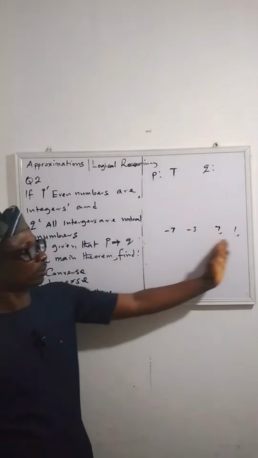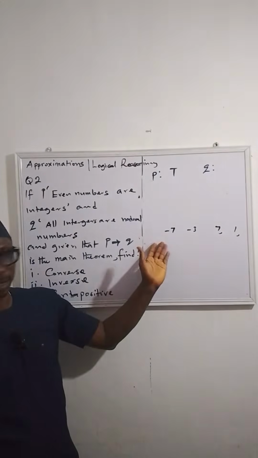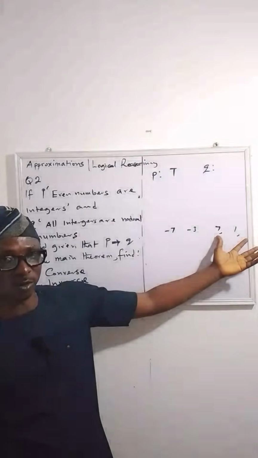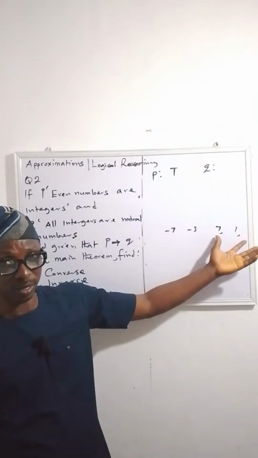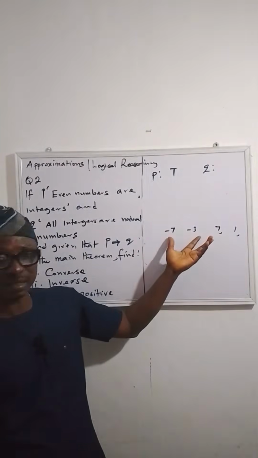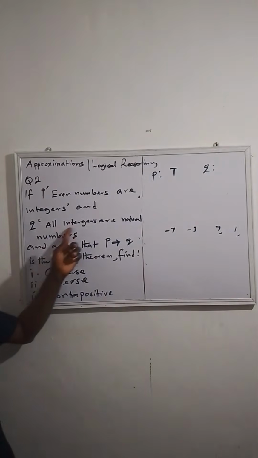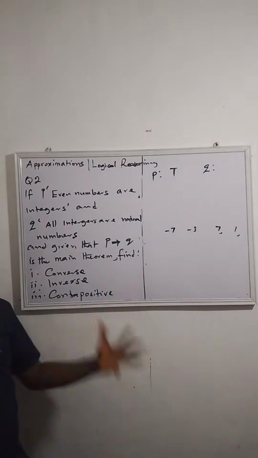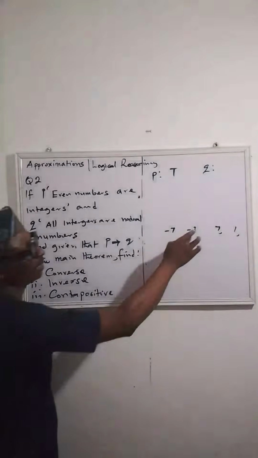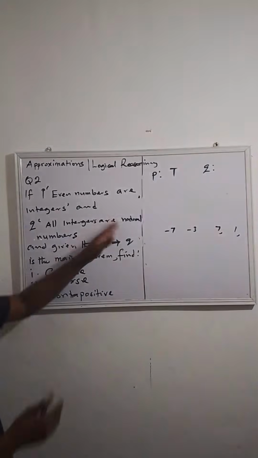All what we have here are examples of integers. But these two are examples of natural numbers, because they are counting numbers. Negative numbers are not counting numbers. Now look at what this statement is saying: all integers, including -7, including -3, including 0, are natural numbers.